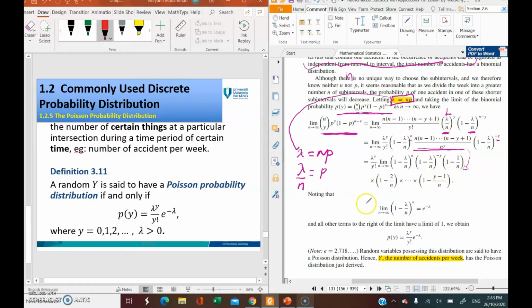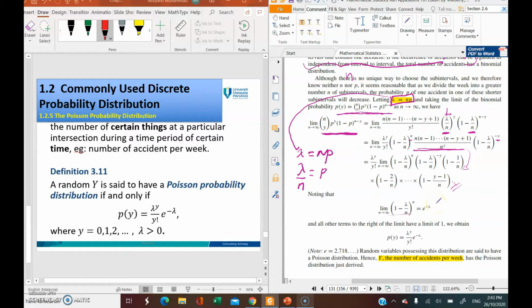All right, so after you look at this equation, you note that you can have 1 minus lambda over n, to the power n, because you have power n and negative y, and then you have power 1. And this one actually is exponent power negative lambda.